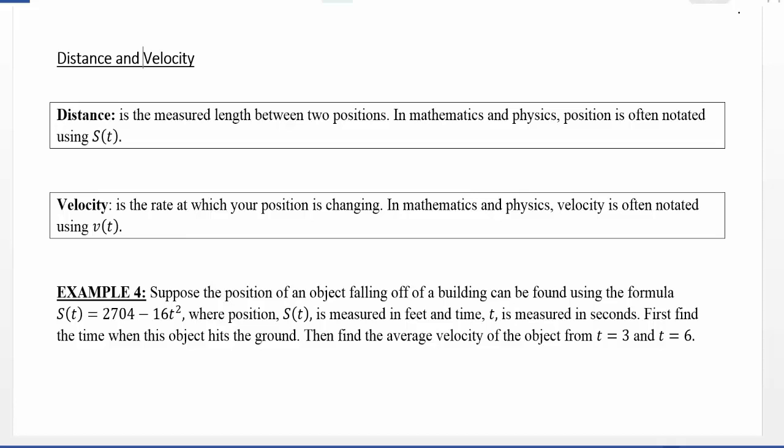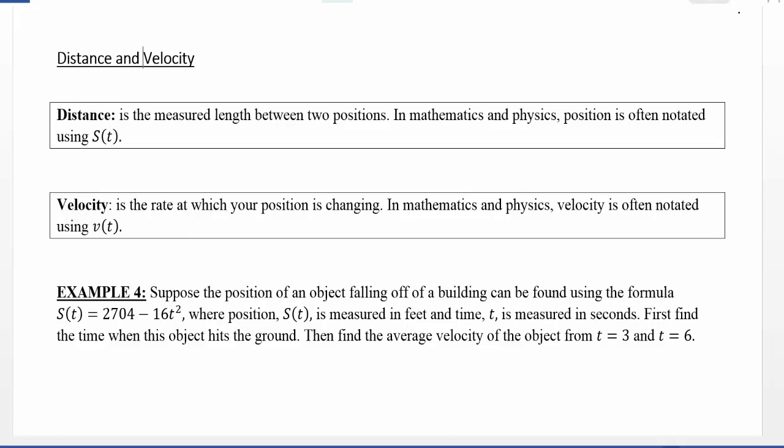This can be measured in feet, kilometers, miles. It really depends on what you're looking at. In mathematics and physics, position is often notated using capital S of t. So if you see that within a problem, you're probably talking about position. Although we don't always use it, sometimes we still use f of x. That is a typical way to indicate that we're talking about distance, by using the s of t.